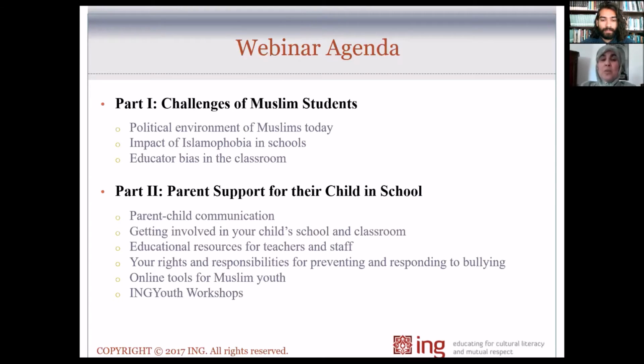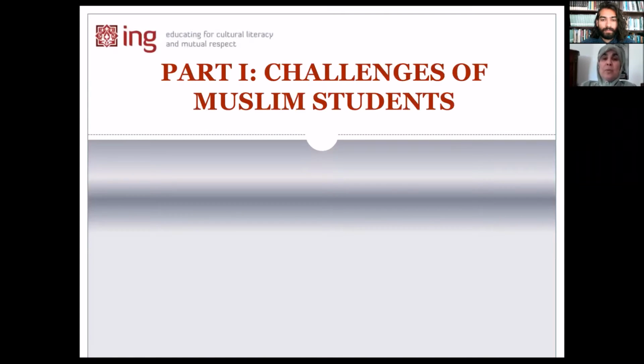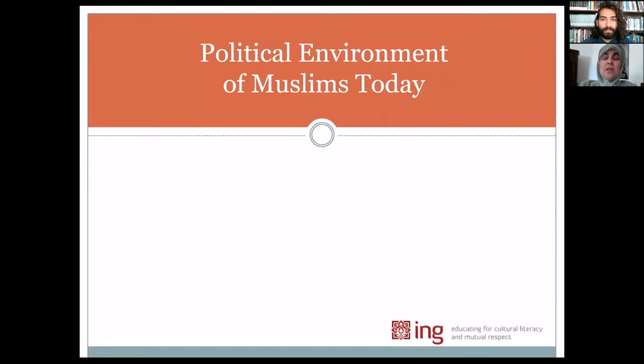We're going to conclude with a discussion about your rights and responsibilities for preventing and responding to bullying, and provide you some online tools for your Muslim youth, and then give you an overview of the ING Youth Workshop.